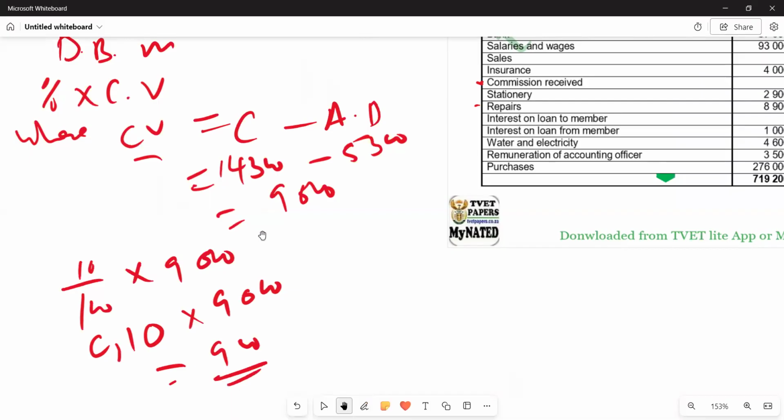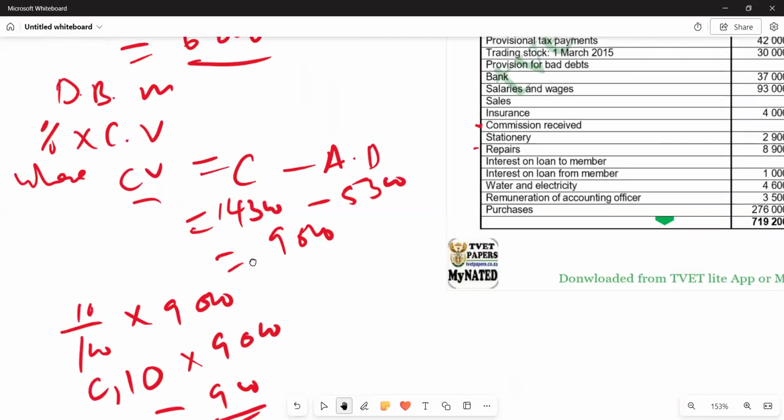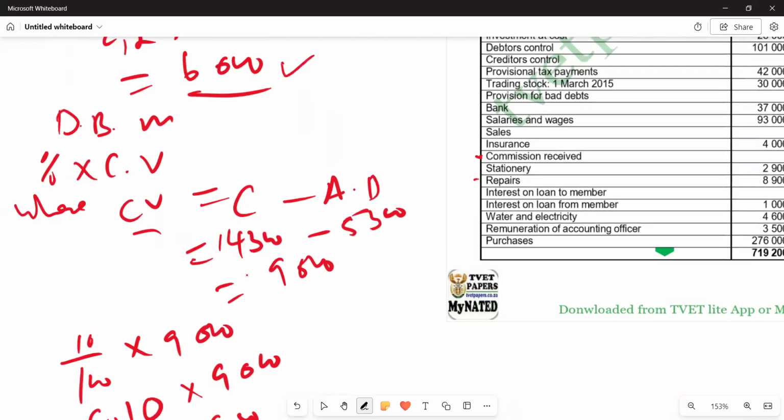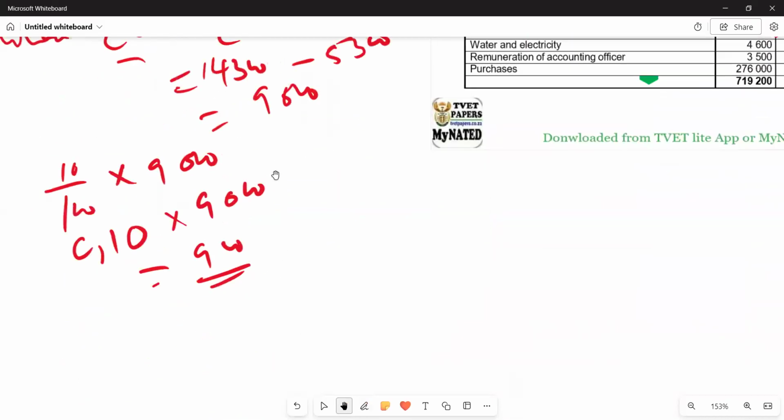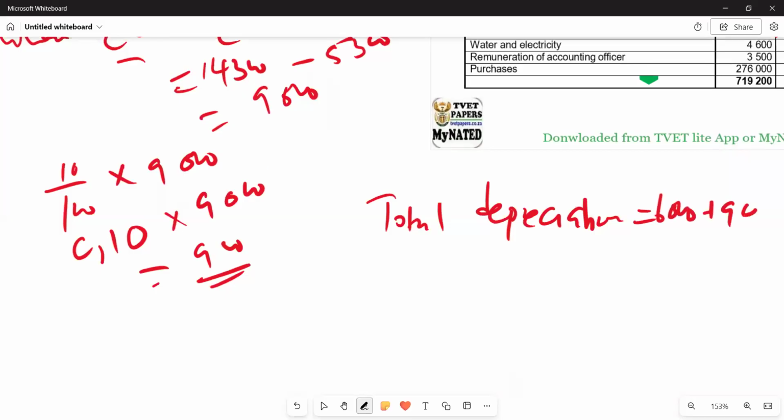So to get total depreciation, you're going to add the depreciation for vehicles, which is 6,000, and then you add it to 900. So we are saying total depreciation is equal to 6,000 plus 900. And obviously, we are going to get 6,900.